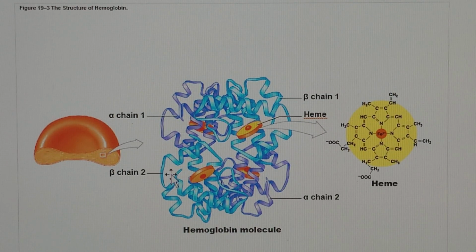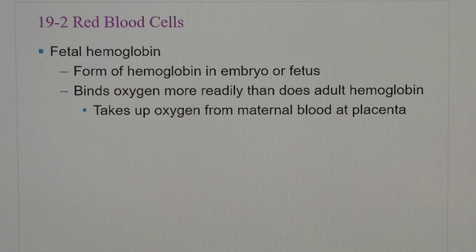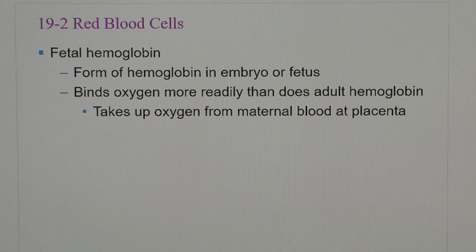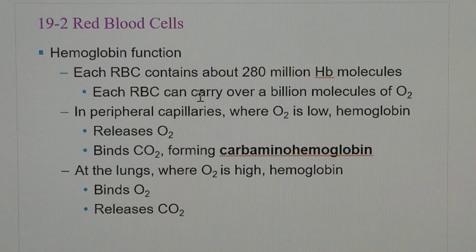There are 4 heme groups within a molecule of hemoglobin. Fetal hemoglobin, a form of hemoglobin in the embryo or fetus, binds oxygen more readily than adult hemoglobin, and takes up oxygen from maternal blood at the placenta.